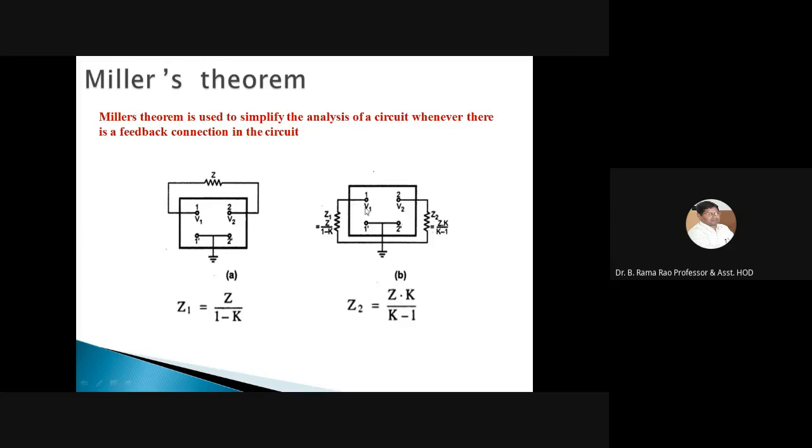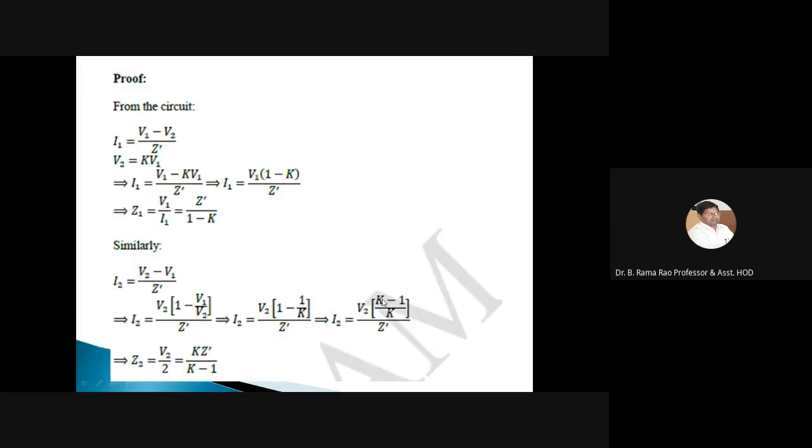So by taking the value of V2 by V1 as K, if we connect an impedance between the input and output terminals, then it is split into two impedances at the input end and the output end. So we are going to prove the values of Z1 and Z2.